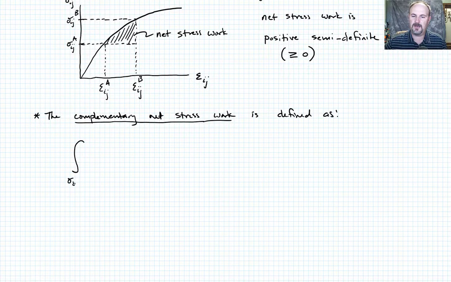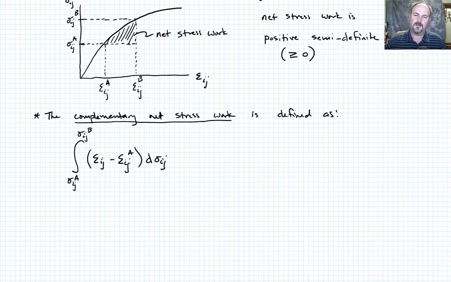It's going to be from sigma ij a up to sigma ij b of epsilon ij minus epsilon ij a times d sigma ij. So that's the complementary net stress work. And if we want to draw it on this picture up here, it is this area that's above the curve. That would be the complementary net stress work.